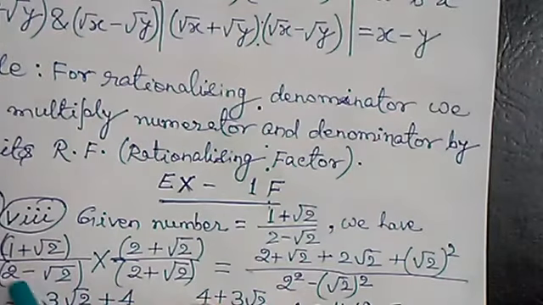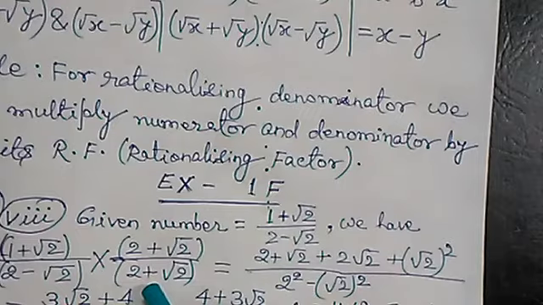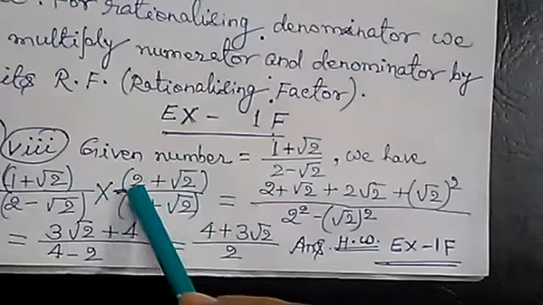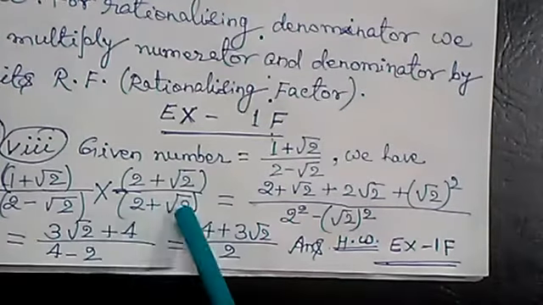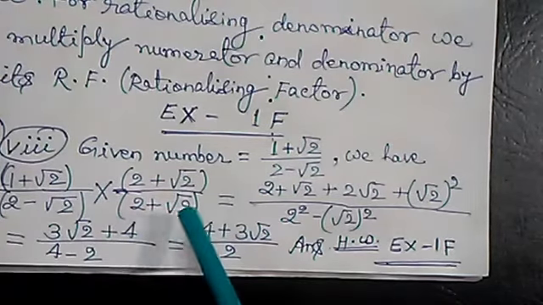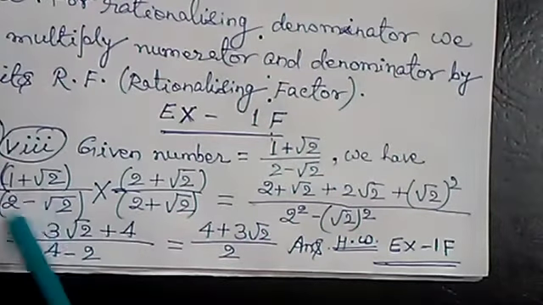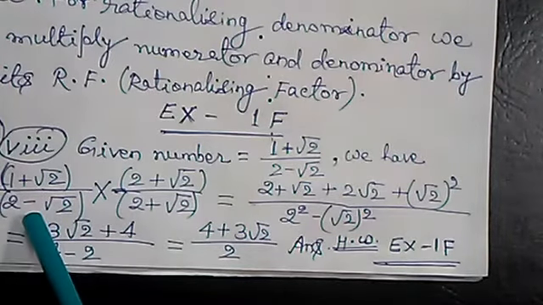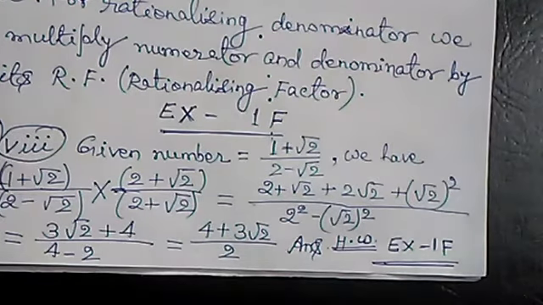In the denominator, see here it is the minus sign, so you will take the plus sign. The numerator will be multiplied by 2 plus root 2 and the denominator also by the same number, 2 plus root 2, because in the denominator the sign was minus, so you take the changed sign, that is the plus sign.